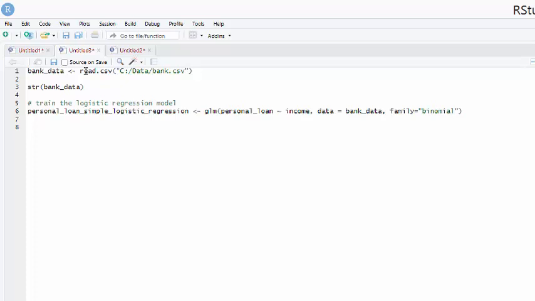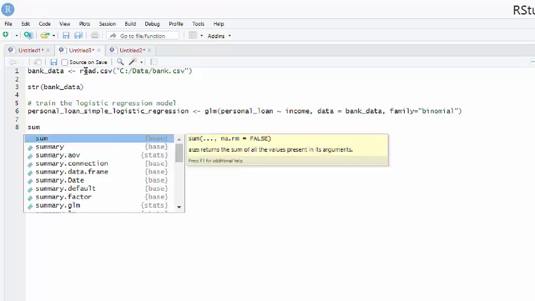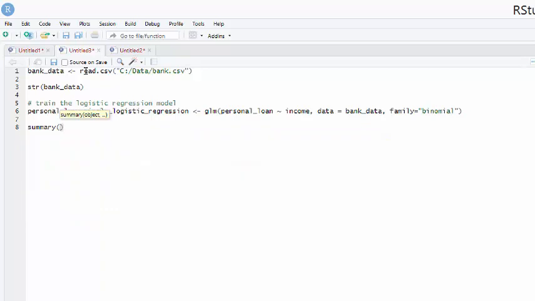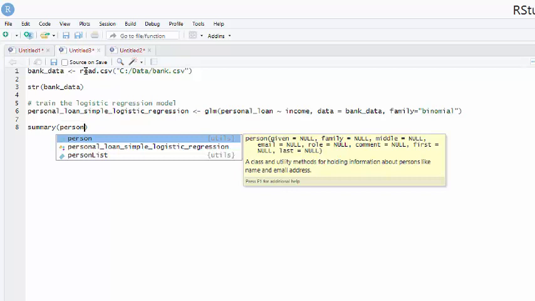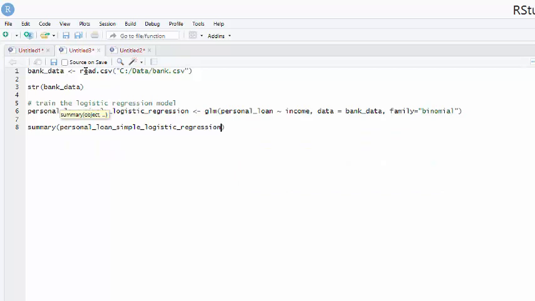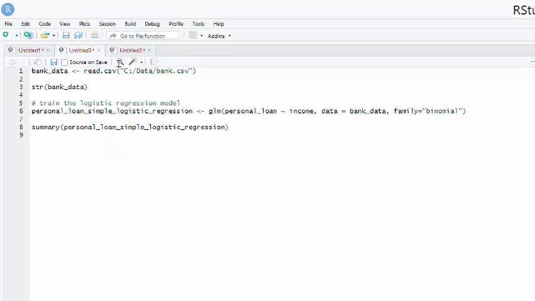Everybody okay? Wonderful. So let's take a look. What is our model at the end of the day? Just like what I did for my linear regression, all I have to do is say summary, and this really long name, personal loan simple linear logistic regression. Bam. And then I run it.